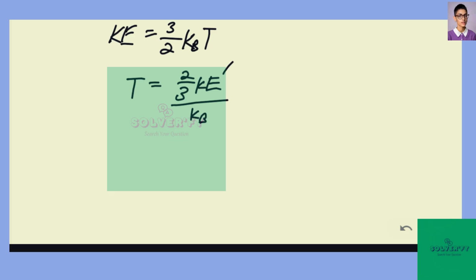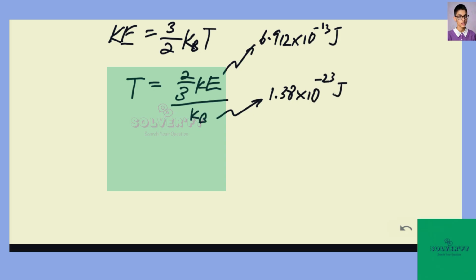The kinetic energy we have already calculated previously, 6.912 times 10 to the power of minus 13 joules. Substituting the values in, we should get a value of 3.3 times 10 to the power of 10 kelvins. So this is the temperature related to the energy of our carbon nuclei, and it tells us this is the temperature required for the fusion reaction to actually proceed.